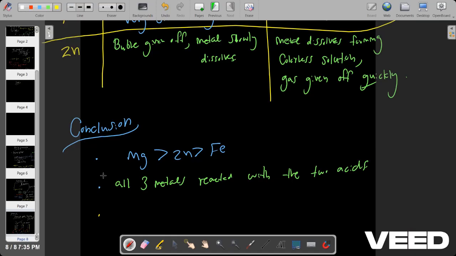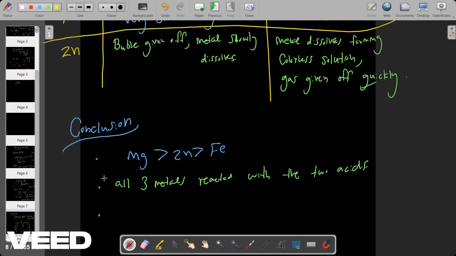And the other thing is we have identified the gas released. Hydrogen gas was released in all six occasions.